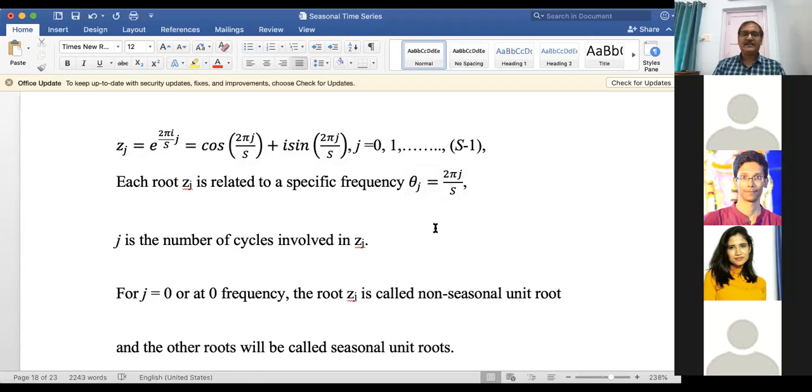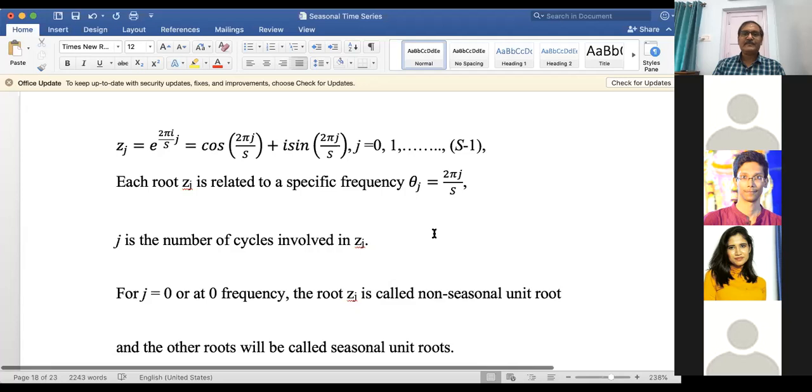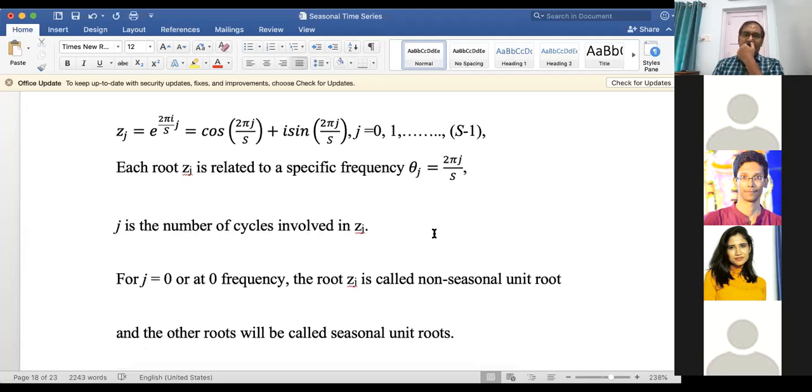So the frequency is equal to twice pi j by s, where j denotes the number of cycles involved in zj. Now the concepts will be clear if we take a specific example by setting a specific value of s. For quarterly data we can set s equal to 4. For monthly data we can set s equal to 12.